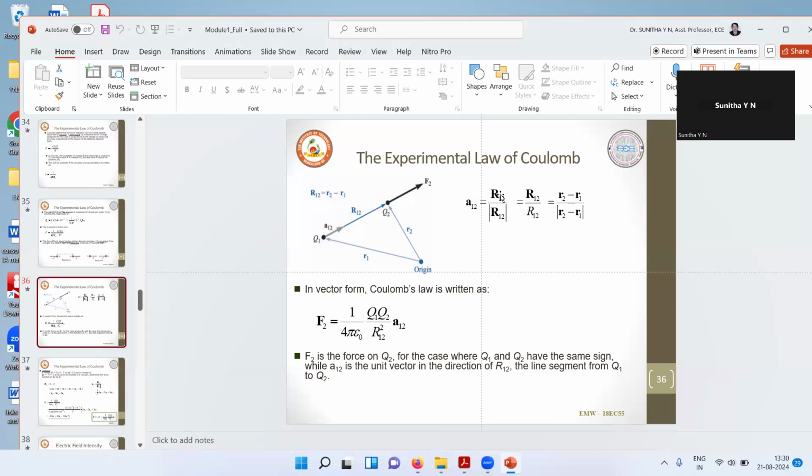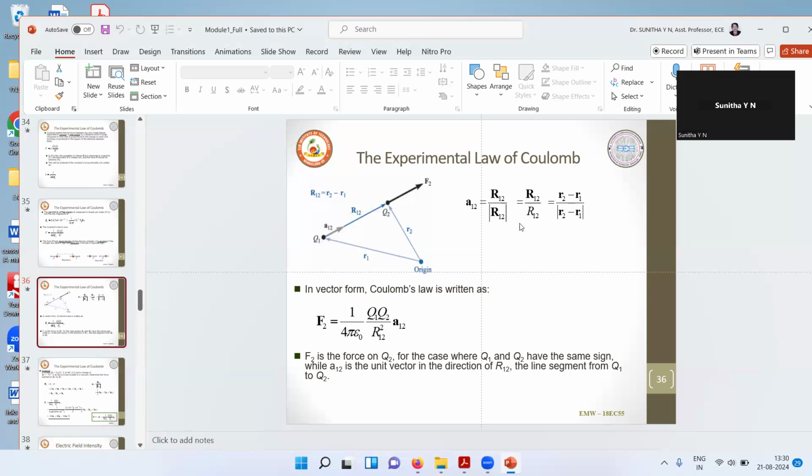For any vector, a unit vector can be constructed. The only thing is we have to divide the vector by its magnitude. This is the formula we will use to calculate a unit vector in any vector direction.